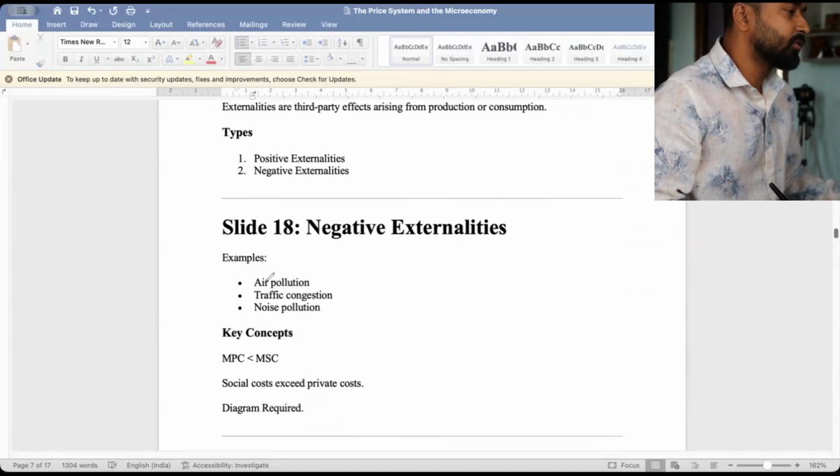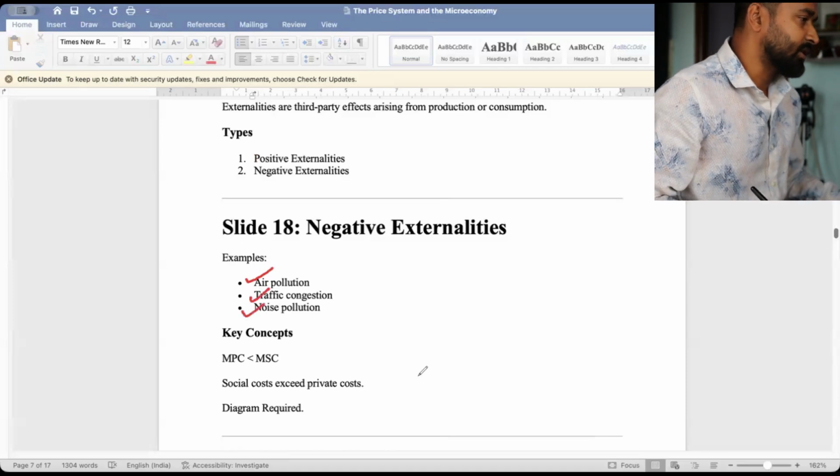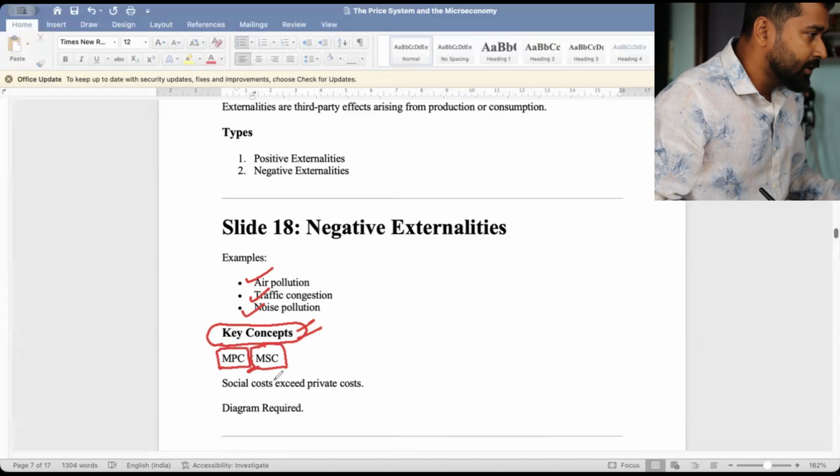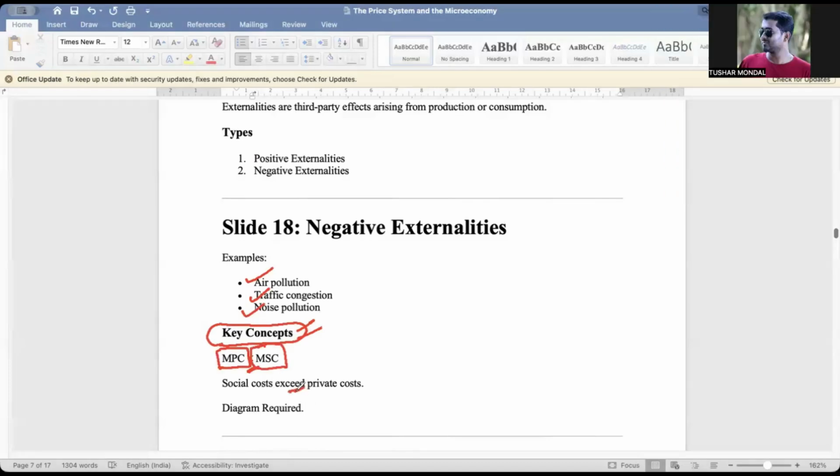Negative externalities include traffic congestion, air pollution, noise pollution, etc. In these key concepts, remember that with negative externalities, social cost exceeds private cost or production cost.